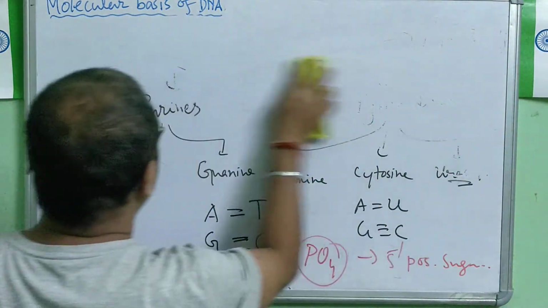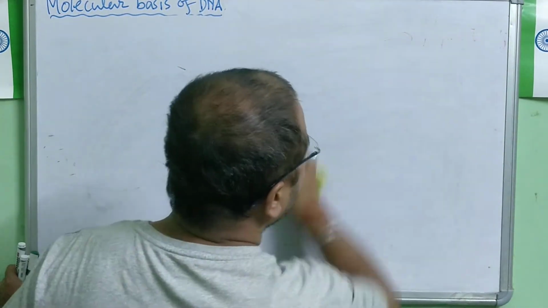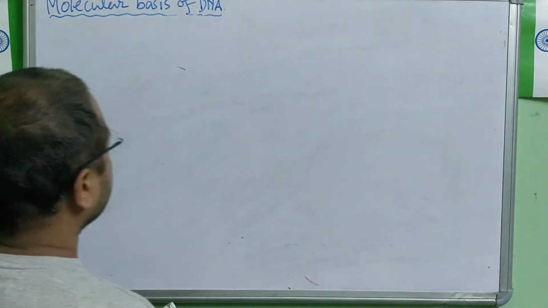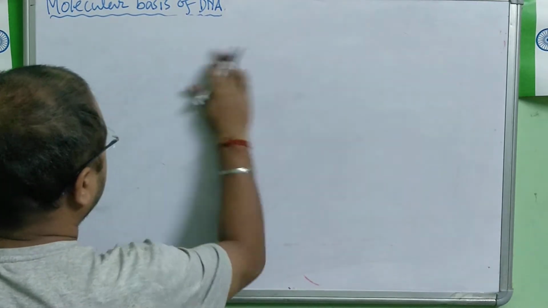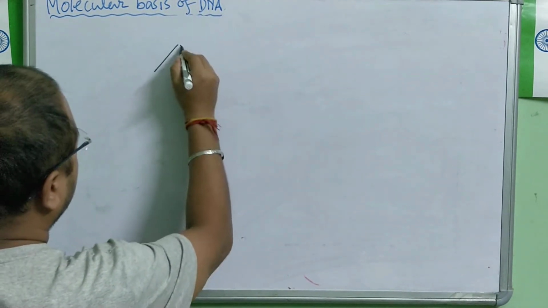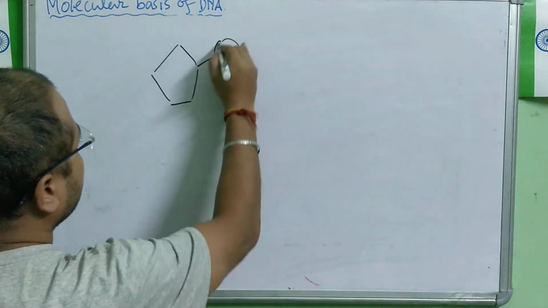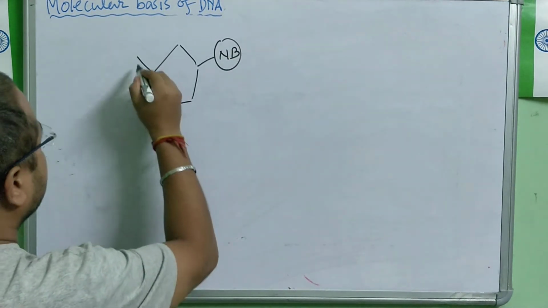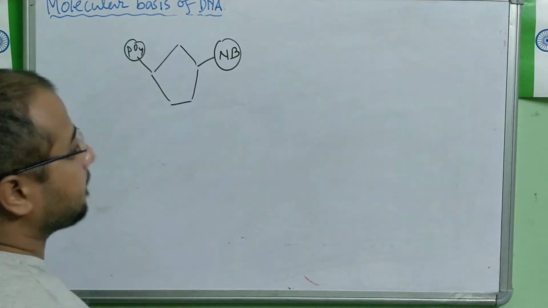So finally, if I look into the nucleotide molecule, what I see here is a sugar, and at the 1st prime position a nitrogenous base comes and binds, and at the 5th prime position the phosphate group comes and binds.